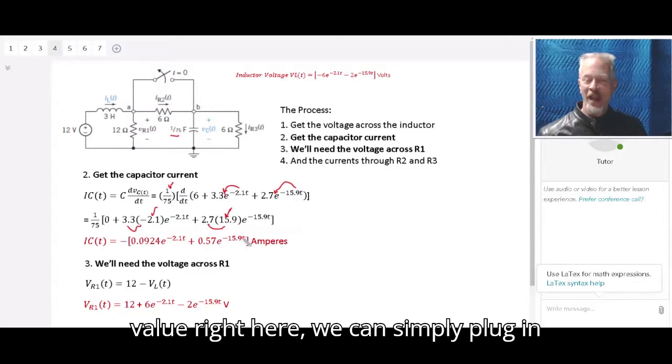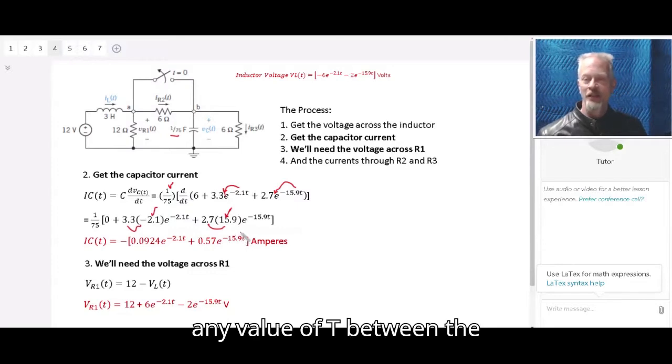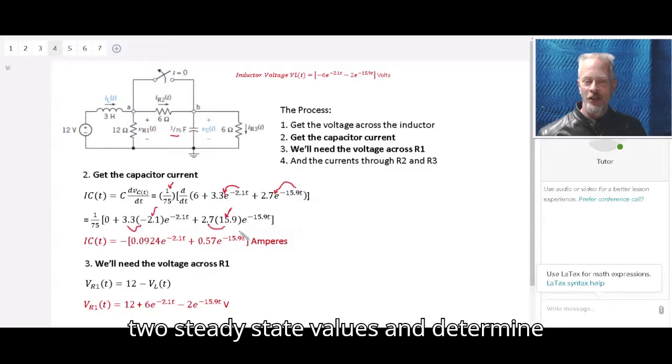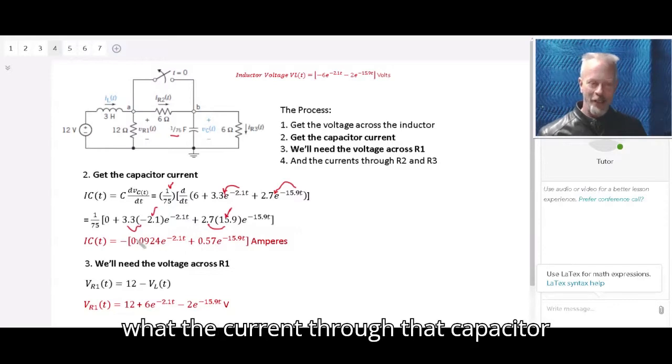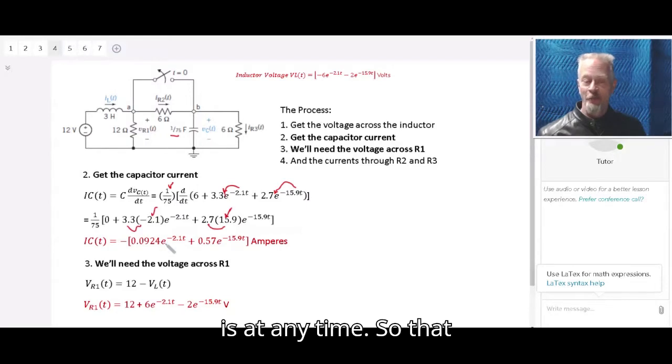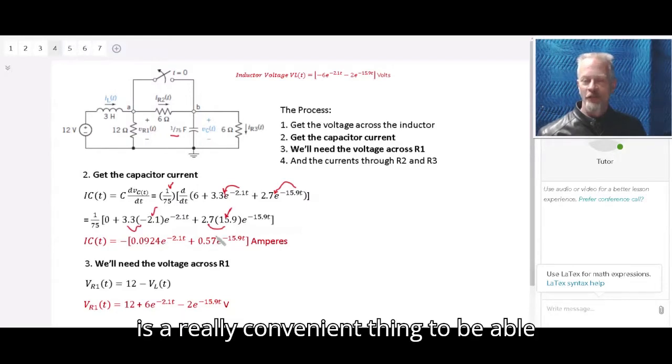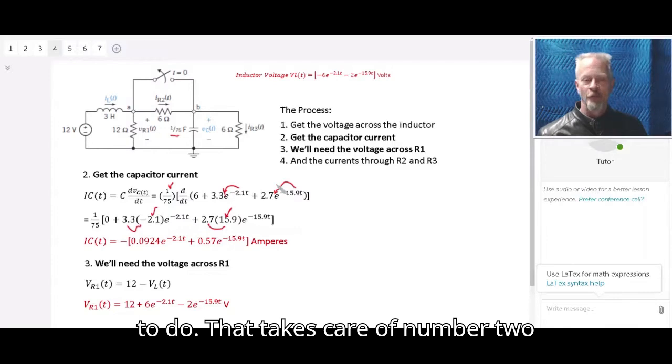We can simply plug in any value of t between the two steady state values and determine what the current through that capacitor is at any time. So that is a really convenient thing to be able to do. That takes care of number 2.